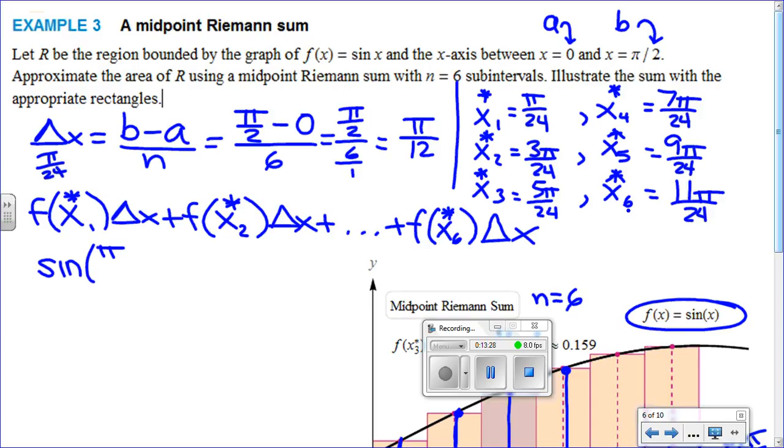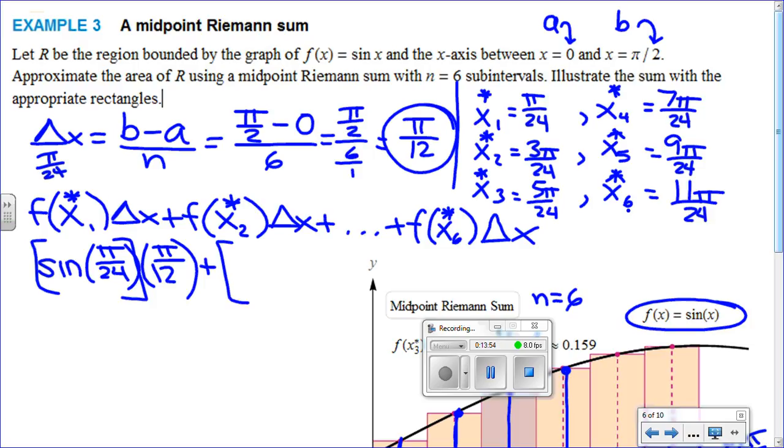Sine of pi over 24 times the delta x, which is pi over 12. Right? Delta x is pi over 12. Okay, and so we'll move on that way. The next one is going to be sine of the second midpoint, which is 3 pi over 24.